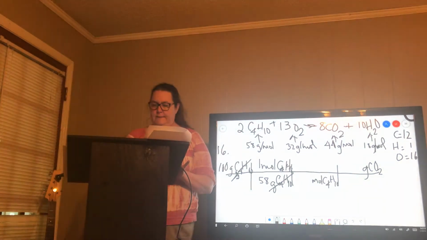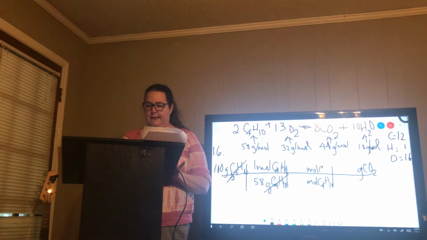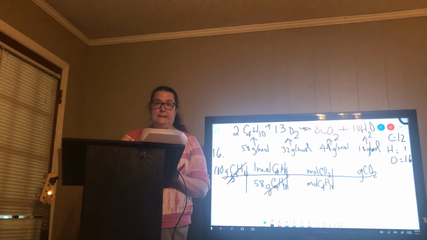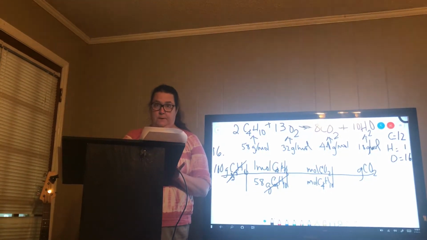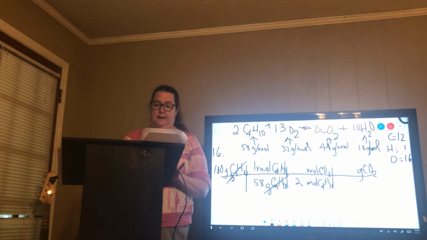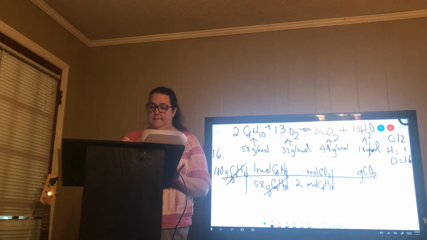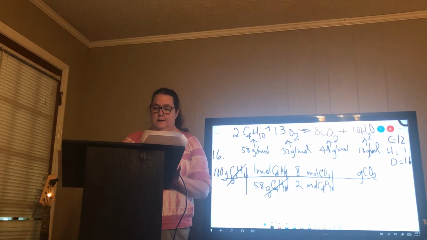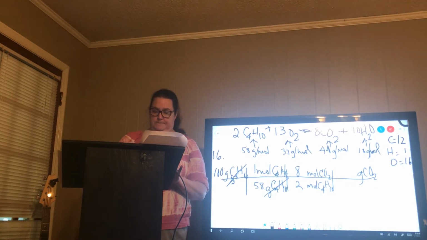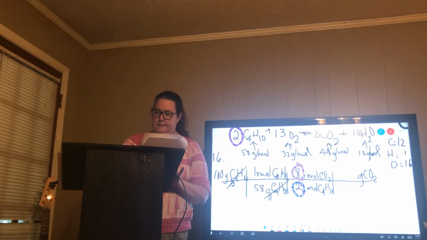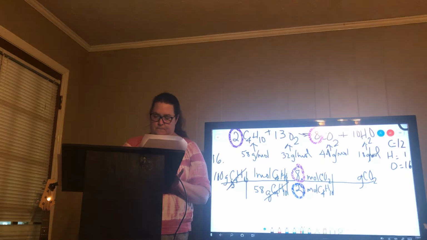The way to do that, and I want carbon dioxide moles, is that in this balanced reaction, I have 2 moles of butane for every 8 moles of carbon dioxide. This is the coefficient here, this is the coefficient for here, and this is the coefficient for here.